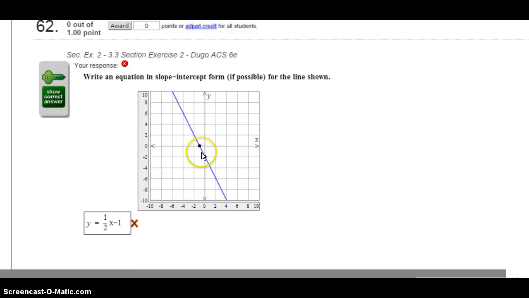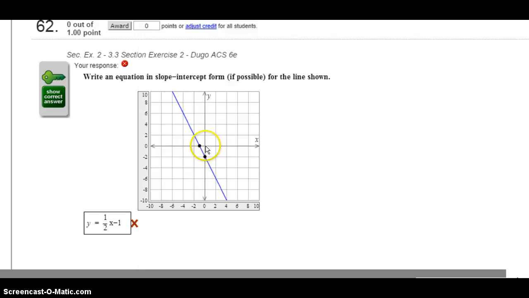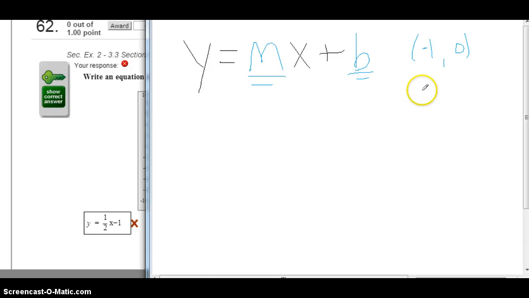So you need to know 2 points to do this. We have our line. They gave us 2 points here. So this is -1, 0. Another point is 0, -2. And whenever you want to find the slope, you subtract the 2 y values on top and subtract the 2 x values on bottom.